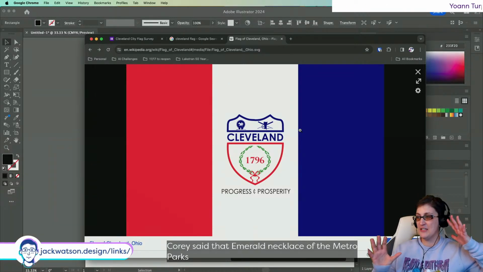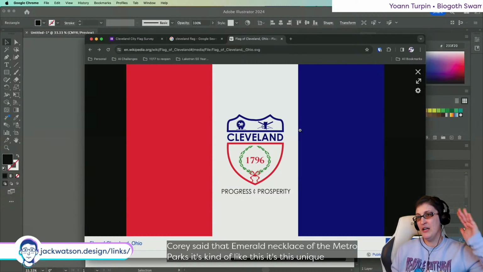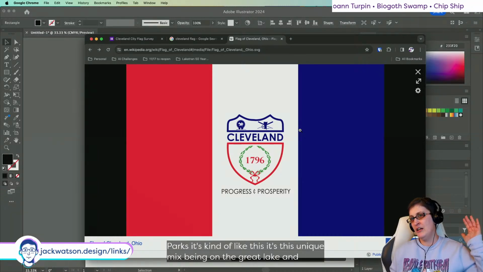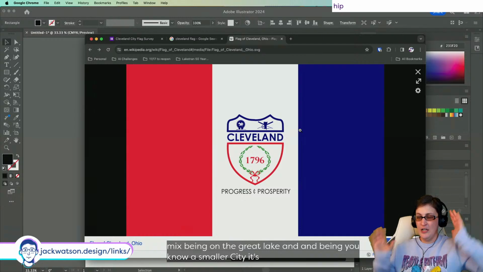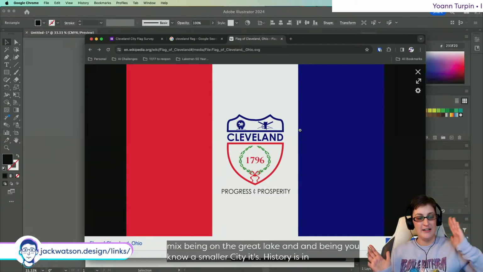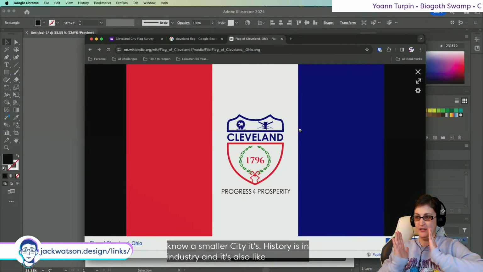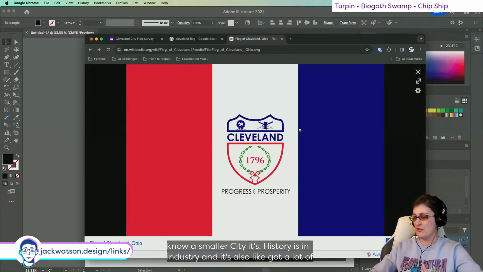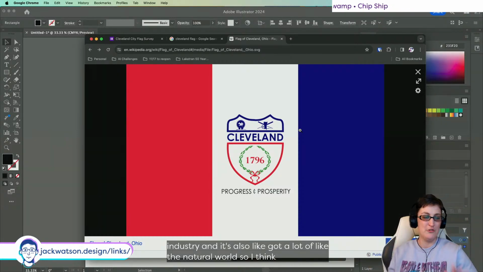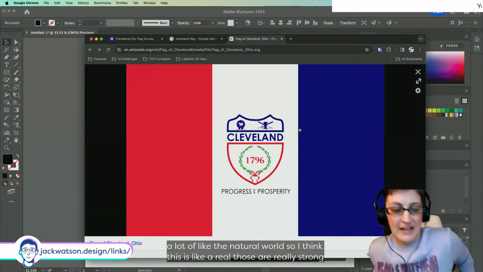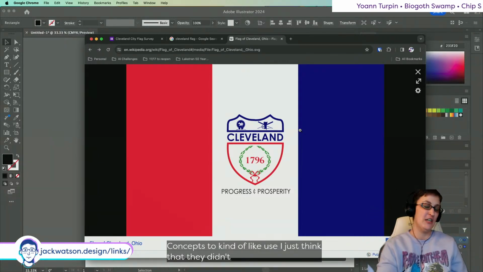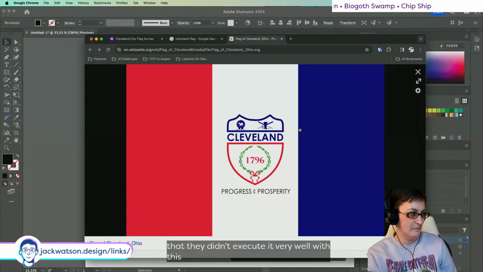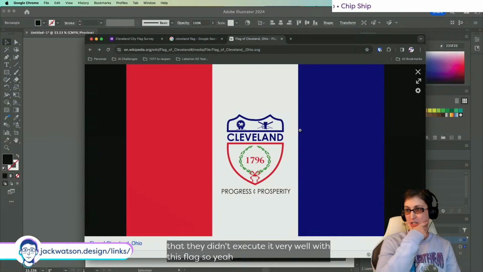It's this unique mix of being on the Great Lake and being a smaller city. Its history is in industry, and it also has a lot of the natural world. So I think those are really strong concepts to use. I just think that they didn't execute it very well with this flag. So yeah, strong concepts, bad execution.